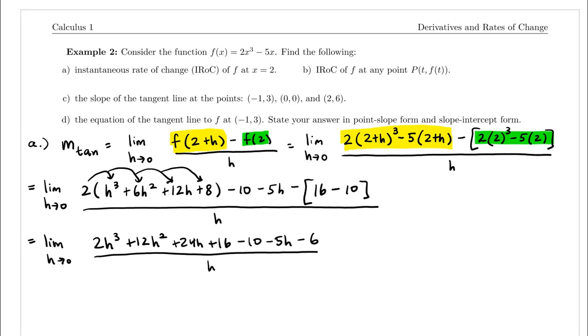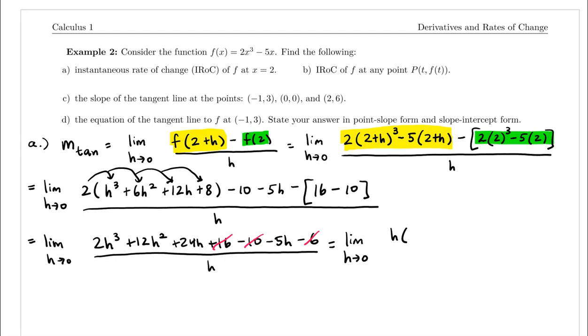So notice that in terms of the constants, we have 16, minus 10, and negative 6. And so if we combine all of those constants together, that results in a sum of 0, which is what we wanted, because now every single term has an h in it.